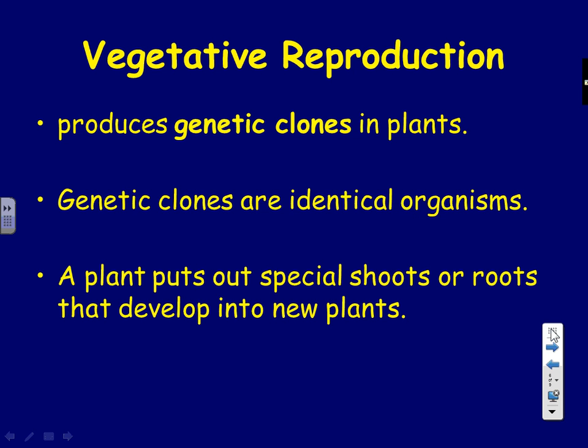Another example, one that you might not think of because we don't see it often grow, is bananas. When we buy bananas in the grocery store, they actually all come from one plant. All the bananas in the world that are growing for purchase are the exact same genetic plant.